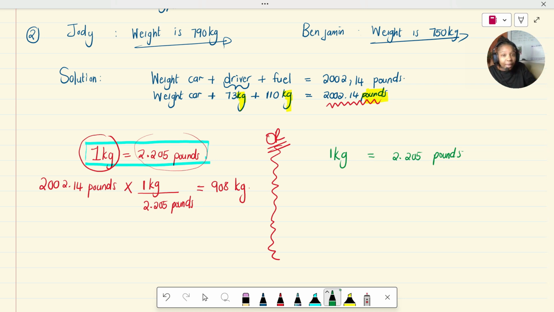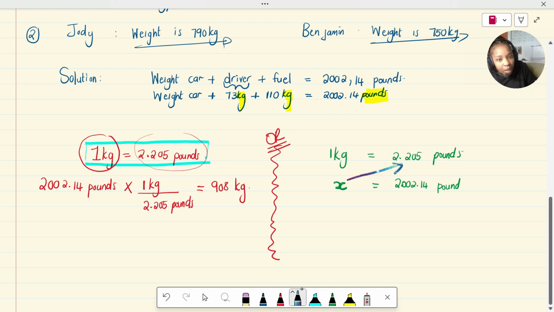We are given 2002.14 pounds, so you write that under the pounds. This is equal to what we are trying to determine, which is this value in kilograms. Then what do you need to do? Cross multiplication tells us what to do.